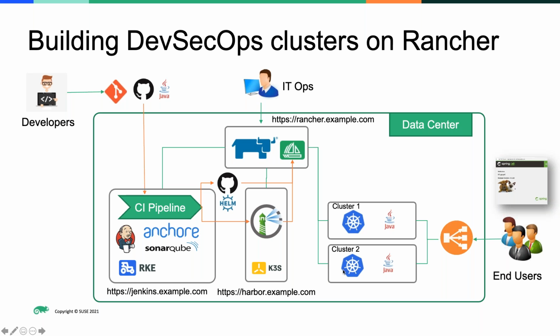And then we have some target clusters that are running the application. The application is Java, whose source code is hosted in the public GitHub. And this is how it works. And the end user, when they navigate to this endpoint, should be able to see an application like this. So let me show you here how it looks in the browser.